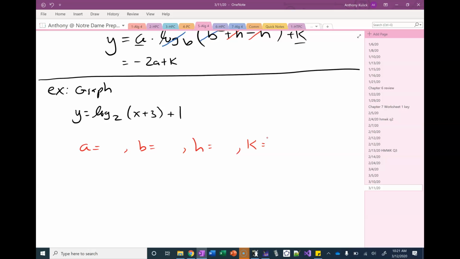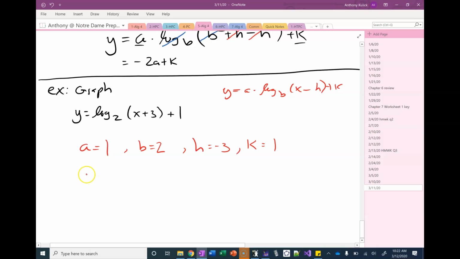I'd be saying like the number is square root symbol, right? 1, good. Because remember, this is what we're talking about. So if there's no coefficient out front, we know the number is 1. Good. What's the value for b? 2. What's the value for h? -3. And the value for k is +1.